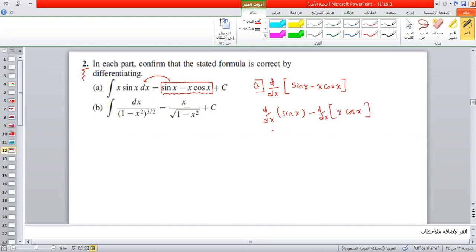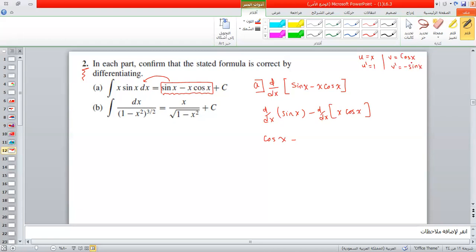The derivative of the first, the derivative of sine, is cosine. But the second part needs more work, so we use the product rule. The u is x, u prime is 1. The v is cosine x, and v prime is negative sine x.